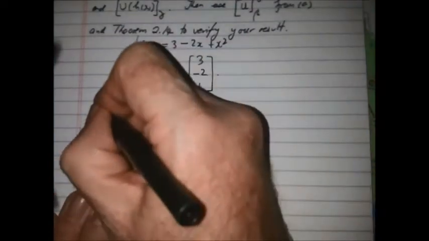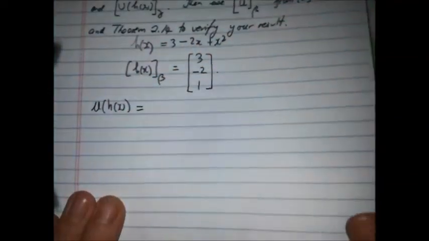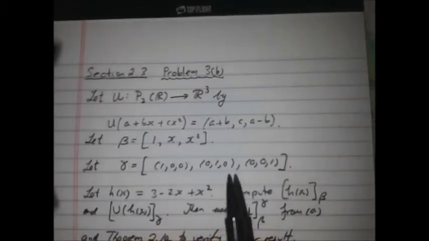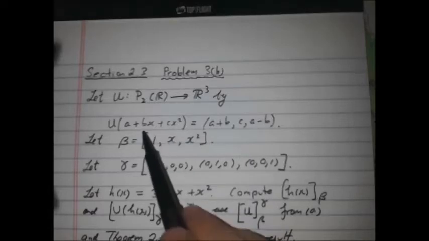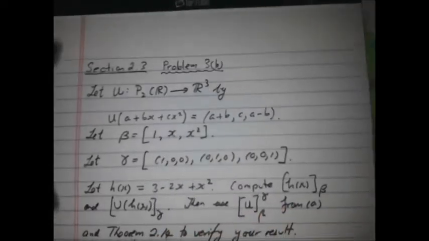Okay, so next we work out U of h of x, and we'll use the formula up above. We're given that U of a plus bx plus cx squared is this vector, so we'll use this with a equals 3, b equals minus 2, and c equals 1.